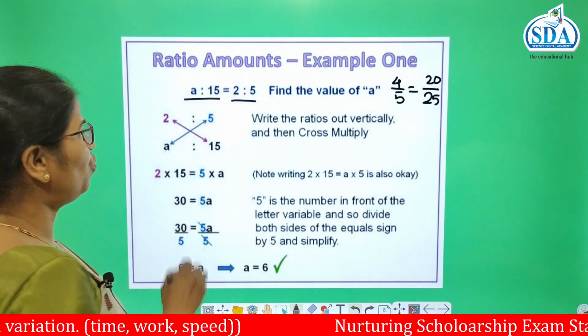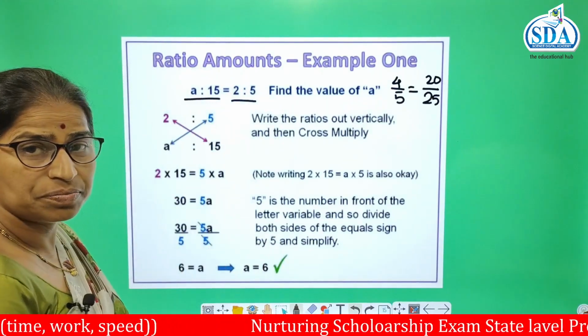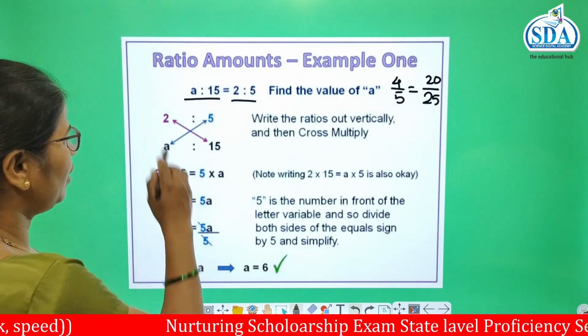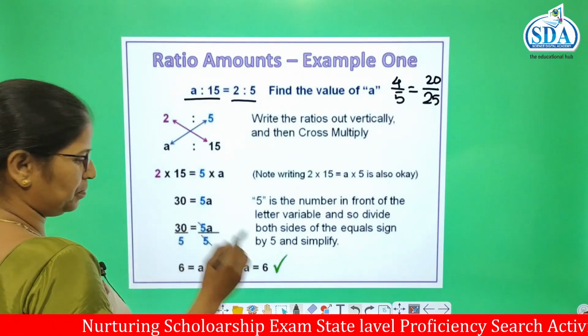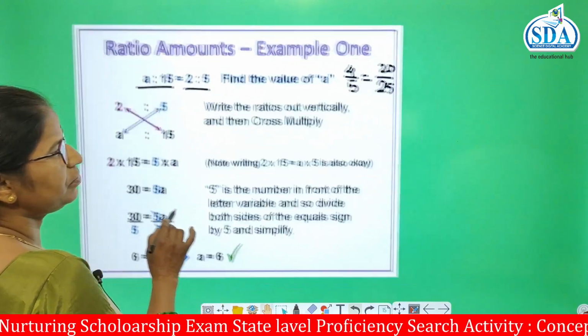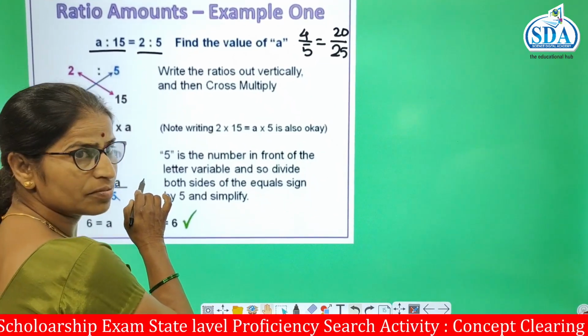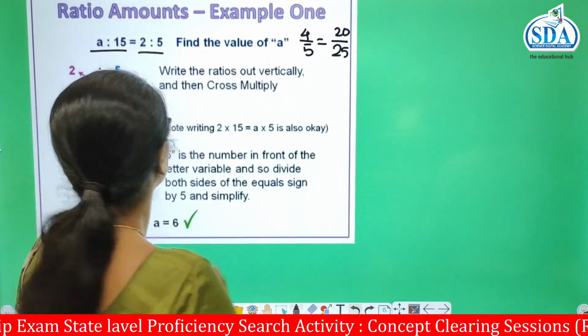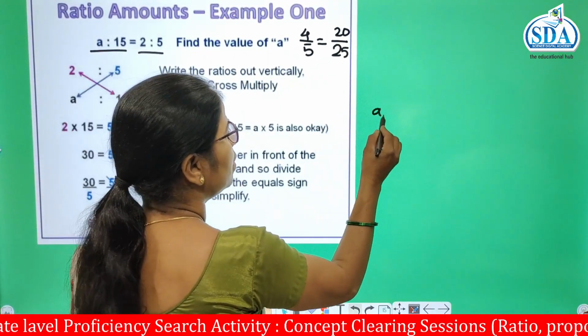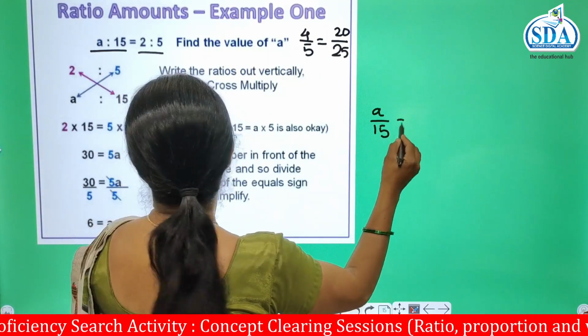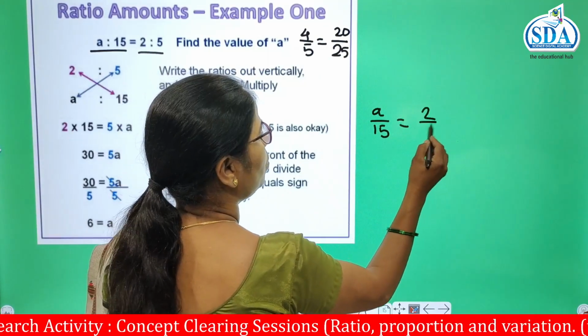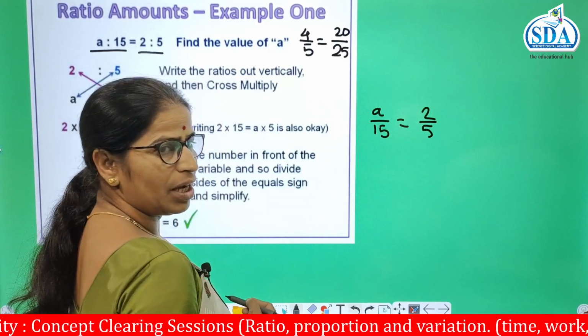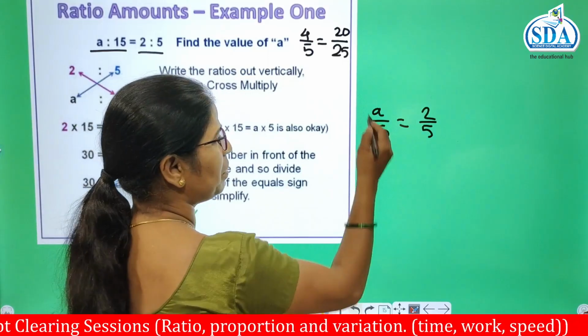If we have to find the value of A here, we can find A/15 is equal to 2/5 and make the cross multiplication.